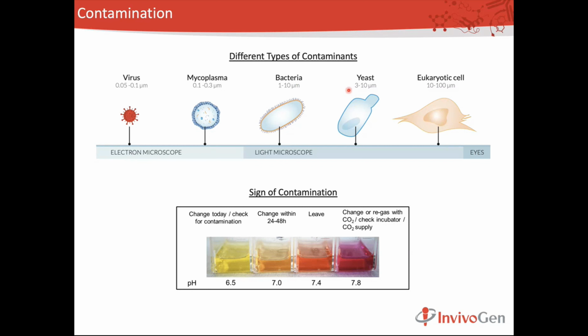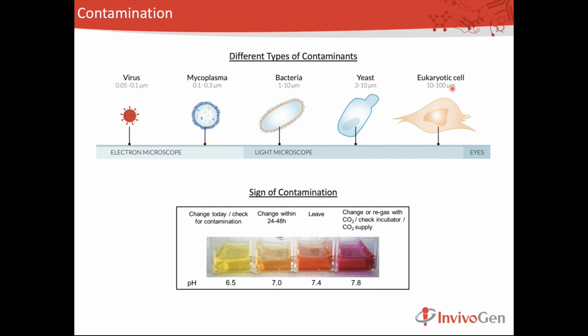Mycoplasma, bacteria, and yeast are the most commonly found in cell culture. And sometimes you will have eukaryotic cell contamination, which means that when you are culturing different cells, you are not careful enough and cause different cell lines to mix together.